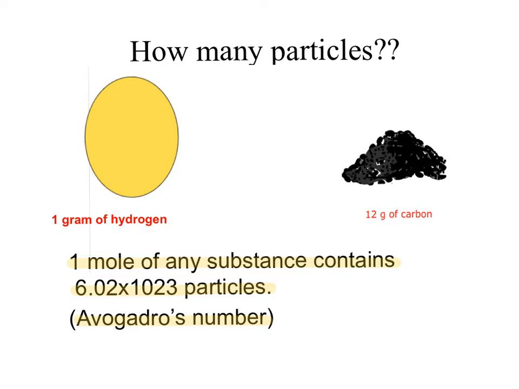So we know that particles are absolutely tiny and atoms are absolutely tiny. So therefore, if we are going to consider the number of particles because they're so tiny, this number, like I've said, is absolutely huge. So the mole makes it a little bit easier when we're trying to consider the number of particles or the number of atoms.